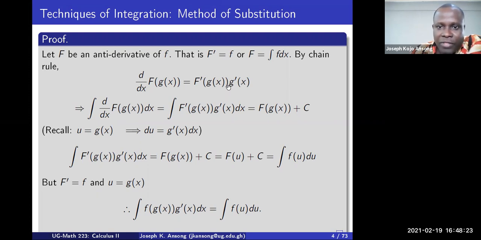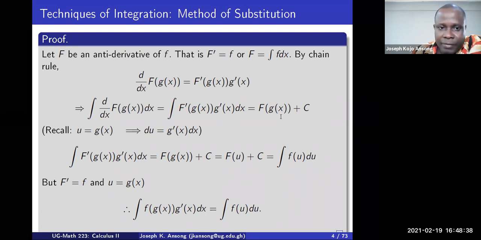You can integrate both sides of this expression, so integrate this and that. But note that this is d dx of F. So if I integrate this, the result will be F of g of x, right? You're going to get this. So this is equal to this plus c. Well, you could also substitute u here, right?